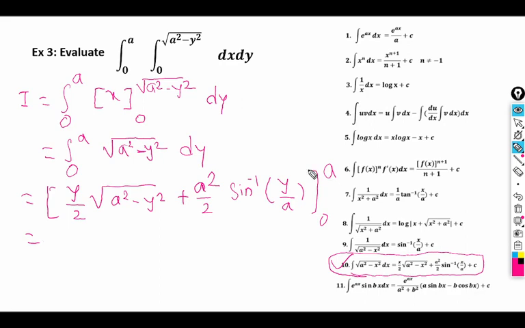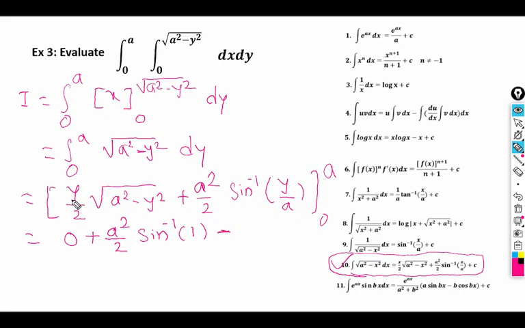We replace the upper limit. When we replace y by a, a square minus a square is 0, so this term is 0. Plus a square by 2, and when we replace y by a, a upon a is 1, so we get sine inverse 1. So that is the upper limit, minus the lower limit now.